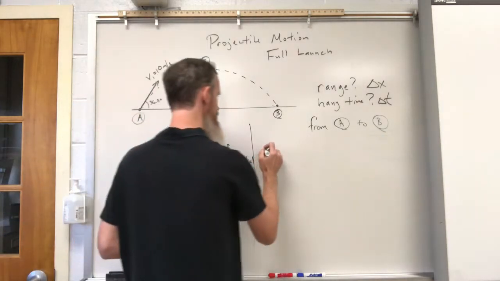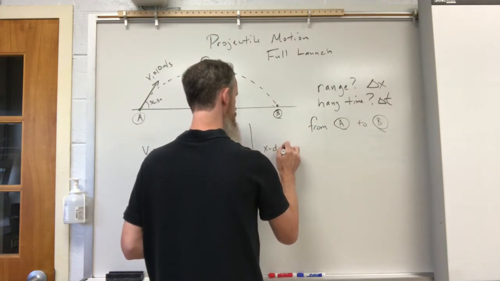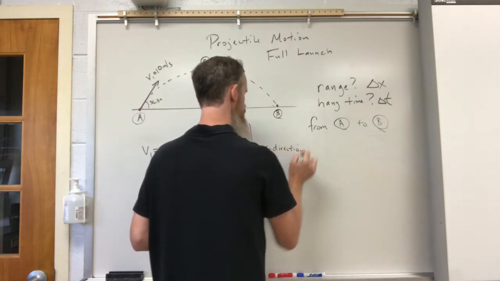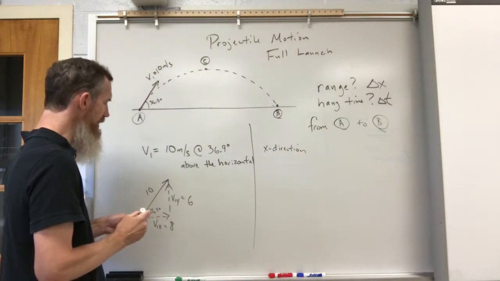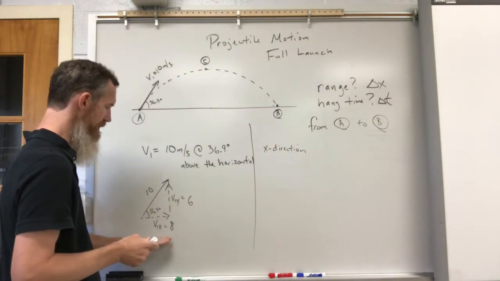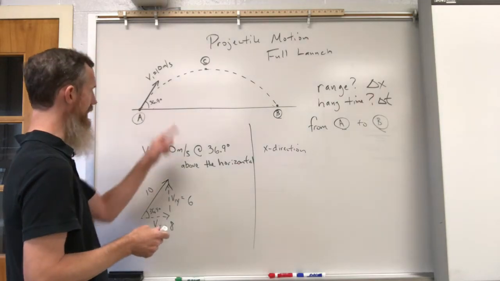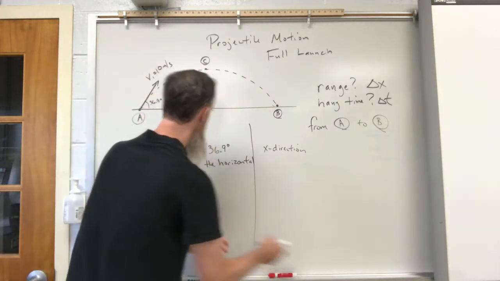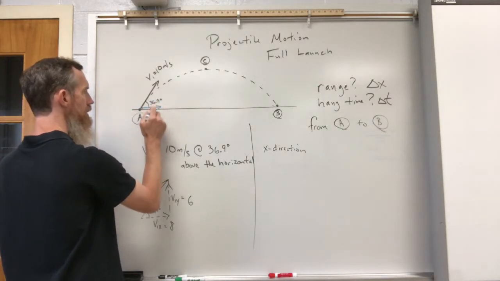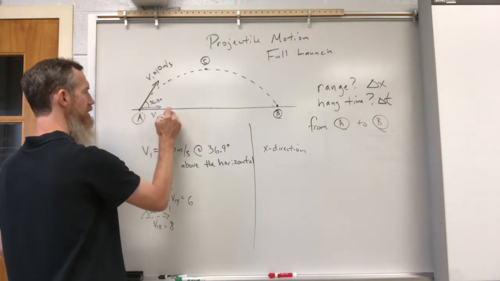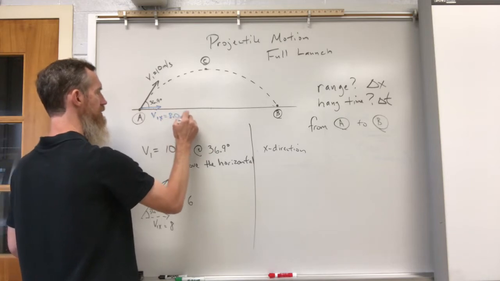And in the x direction, I have some information. In the x direction, I know that I'm moving at 8 meters a second. So here, x direction, velocity 1x equals 8.0 meters per second.